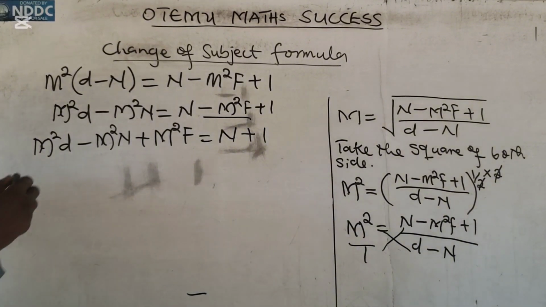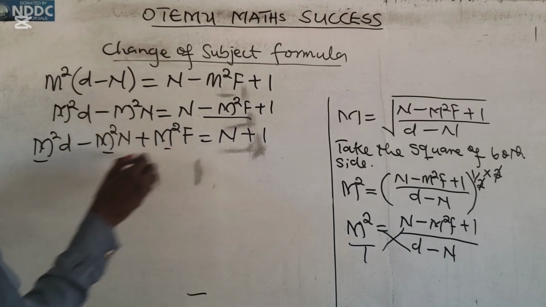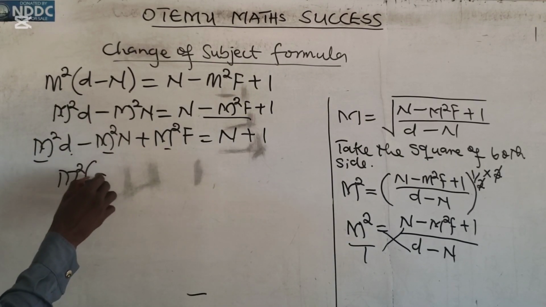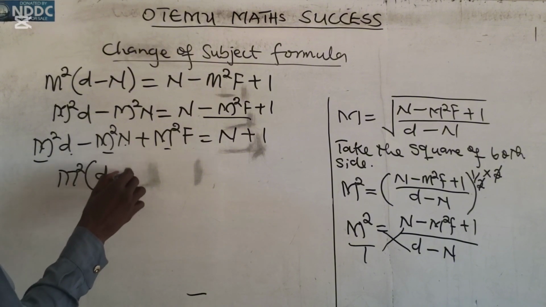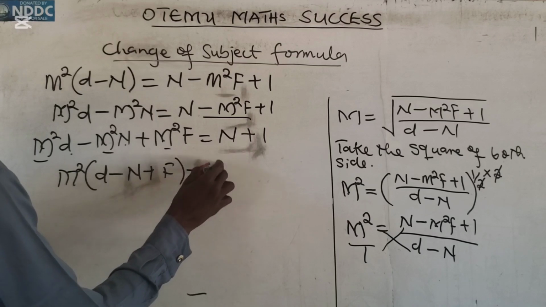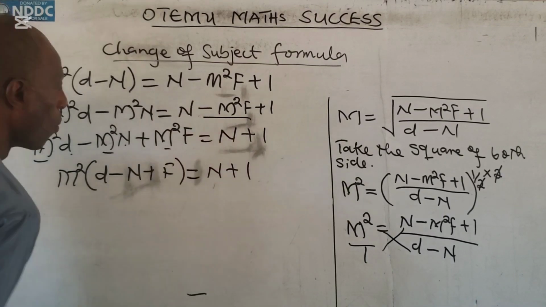So let us factorize, bringing the M squared out. When you bring M squared out, you are left with D minus N plus F is equals to N plus 1.